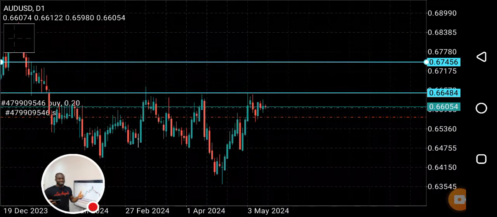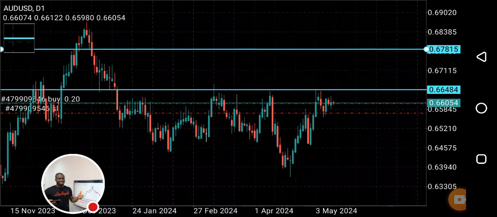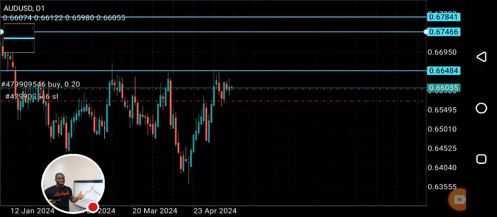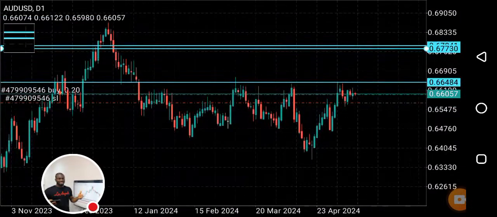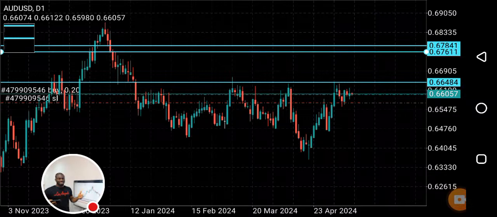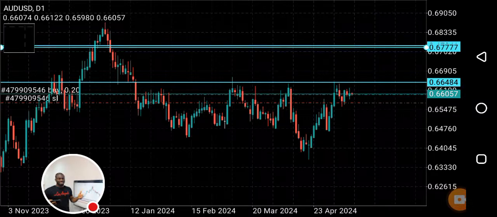So I'm expecting this gap to get filled before going bearish on Australian dollar USD, or I'm expecting price to get to premium level before I sell.